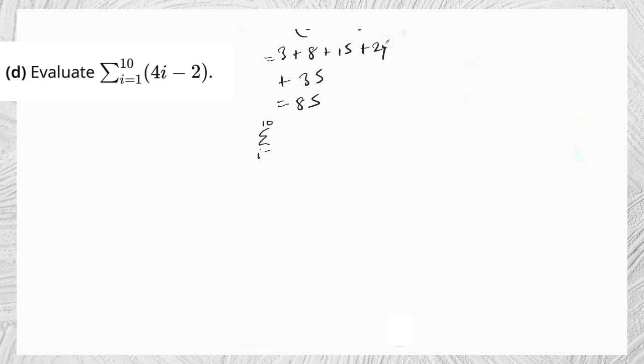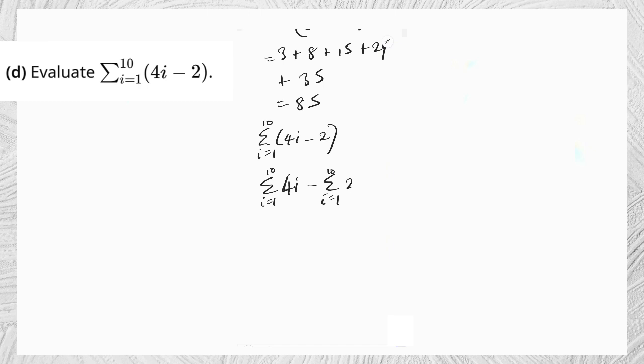So now for this example, we have a larger number, which is 10. We are to sum i equals 1 up to 10 for 4i minus 2. We can also apply the property of separating it and assigning sigma to both parts.